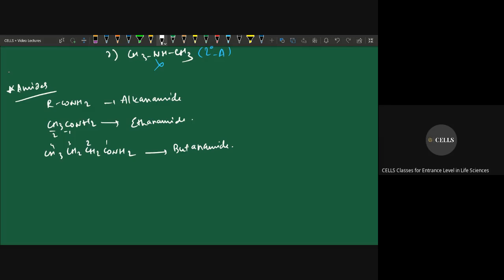Suppose we have CH3CONHCH3, then it will be N-methyl ethanamide.